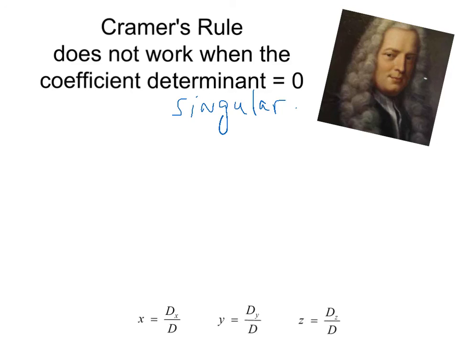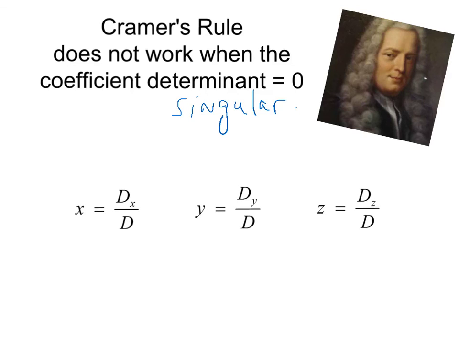It doesn't work when that equals 0. Why? Let's take a look at these formulas here. You tell me why. That's right. The determinant is the denominator of x, y, and z. The only number we can't have there is 0. So if this value here is 0, we need to use some other method.